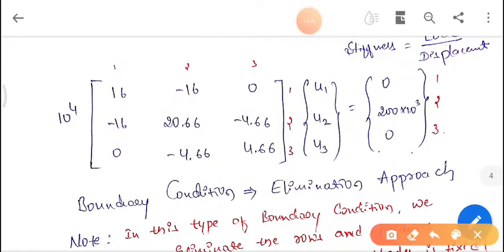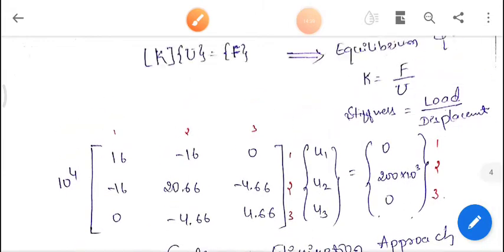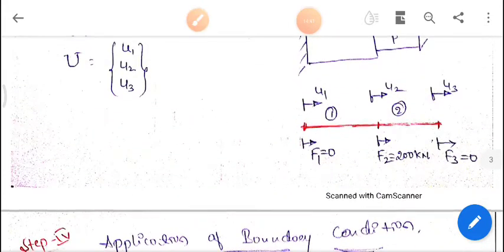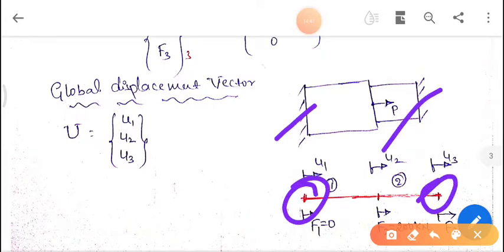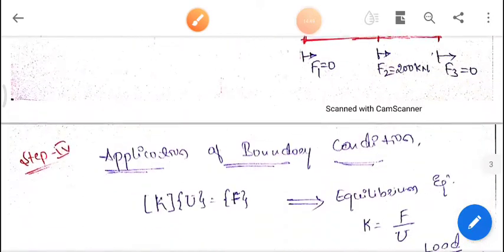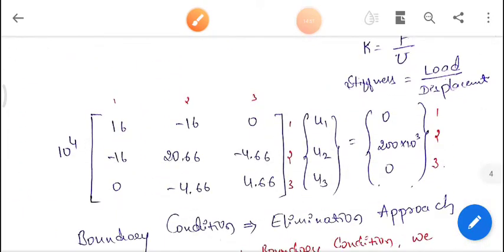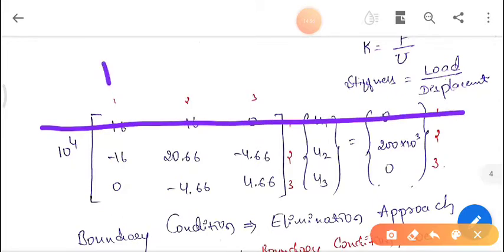We are using the elimination approach of handling boundary conditions. In this, if you see our problem here, node 1 and node 3 are fixed, this node and this node. For the nodes that are fixed, we need to eliminate the corresponding rows and columns.